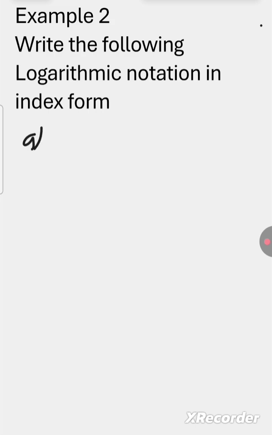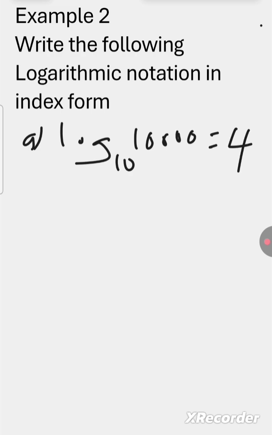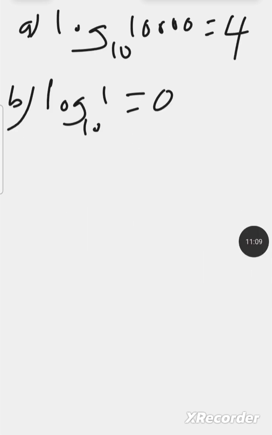Question A, you are given the logarithm to base 10 of 10,000 is equal to 4. B, you are given the logarithm of 1 to base 10 is equal to 0. How do we solve this?